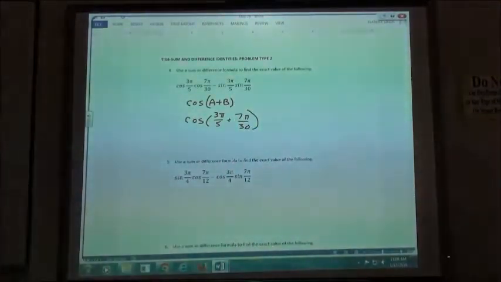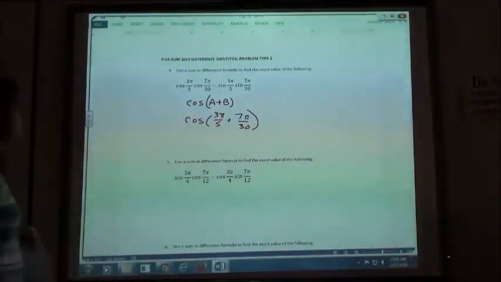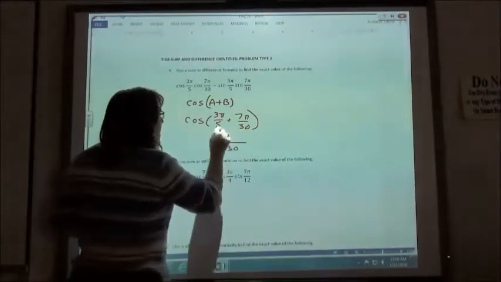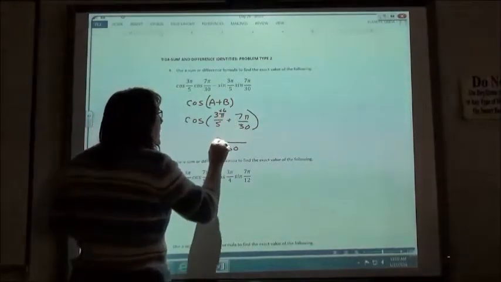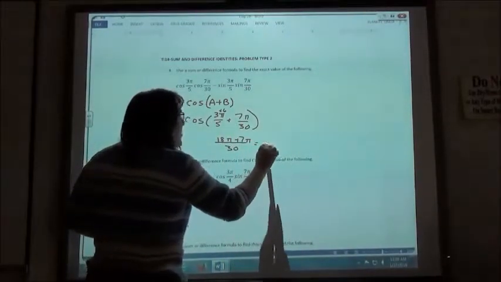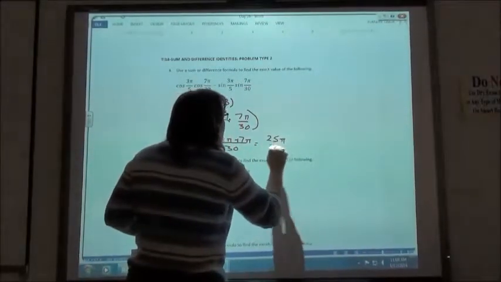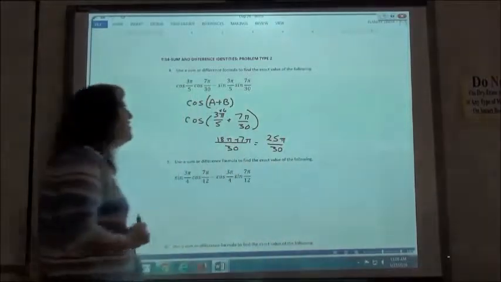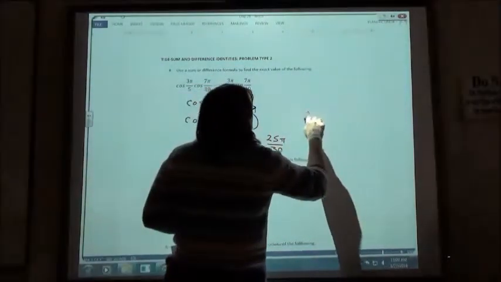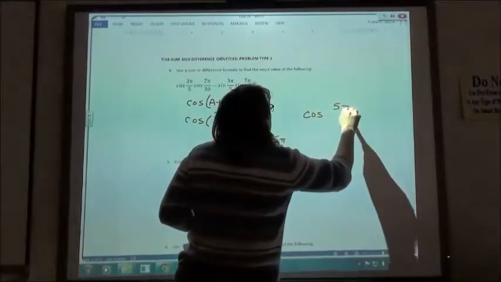And then I'm going to find my common denominator and do my adding and subtracting here. So if it's over 30, 5 goes into 30 6 times, I would have 18 pi plus 7 pi, which is 25 pi over 30. And then if I divide those by 5, I would have 5 pi over 6. So cosine of 5 pi over 6.